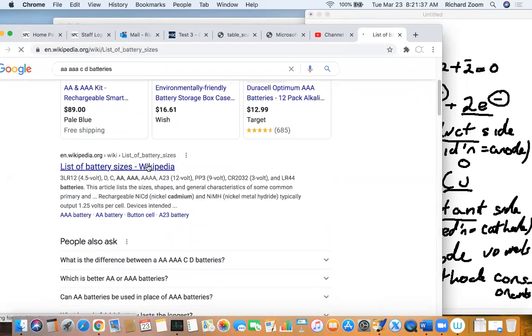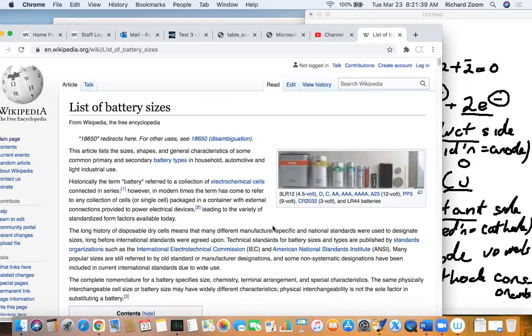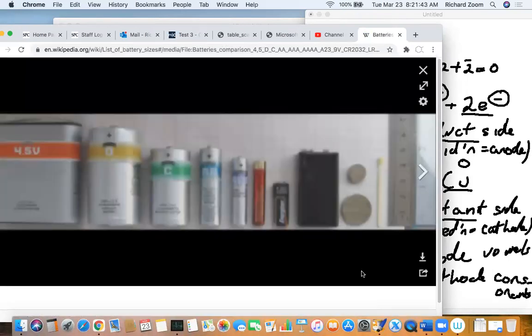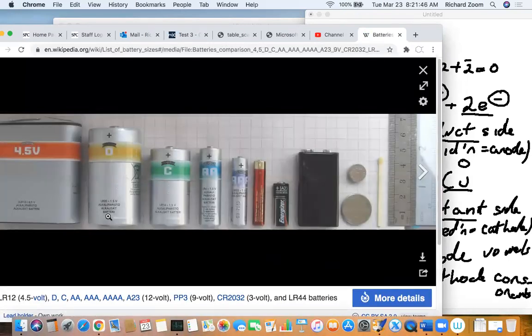All right, that'll work. This is cool. So let's just focus. Don't worry about this 4.5 volt one here, or the 9 volt here. We're only interested in these 4 here: the AAA, the AA, the C, and the D.